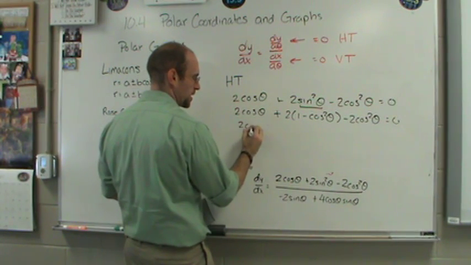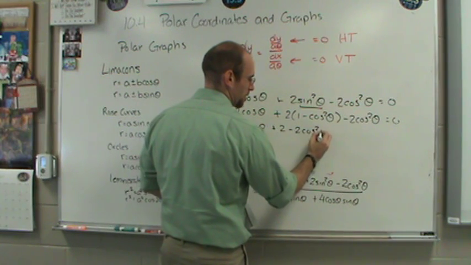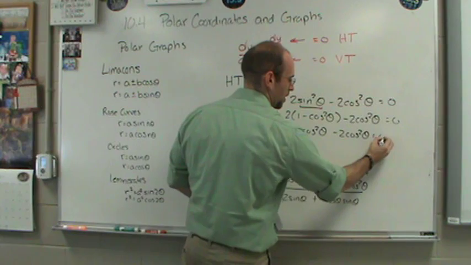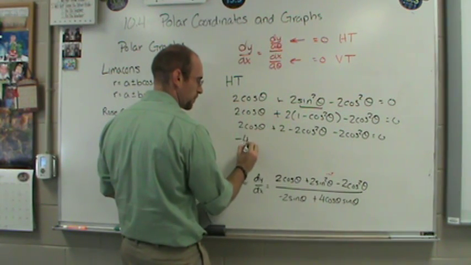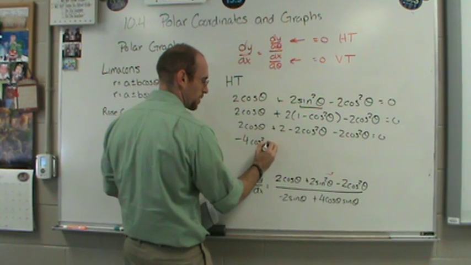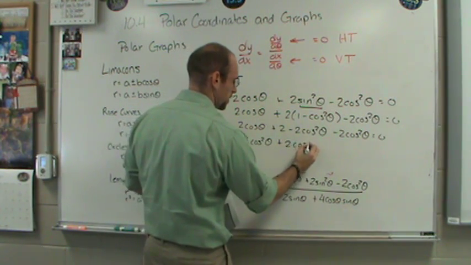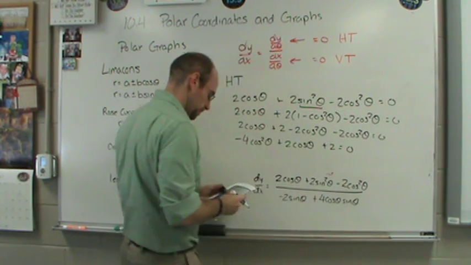I get 2 cosine of theta plus 2 minus 2 cosine squared theta minus 2 cosine squared theta. Let's rewrite this so that it's a nice trinomial. So minus 4 cosine squared theta plus 2 cosine of theta plus 2 equals 0.